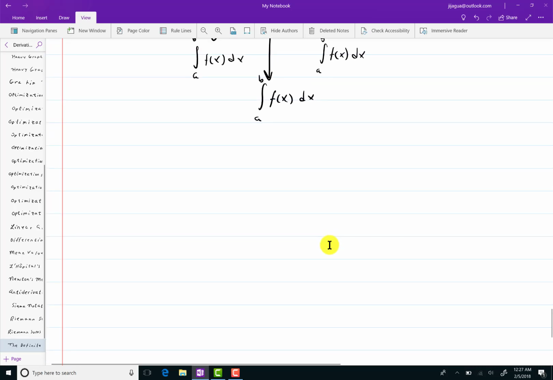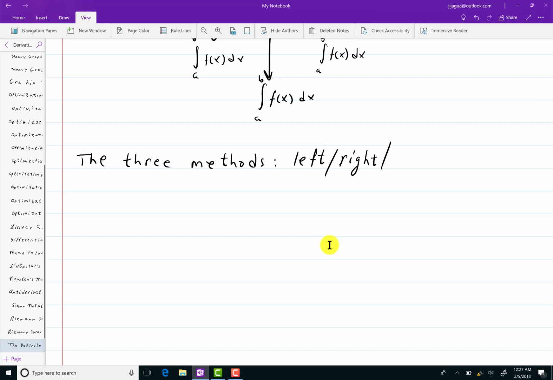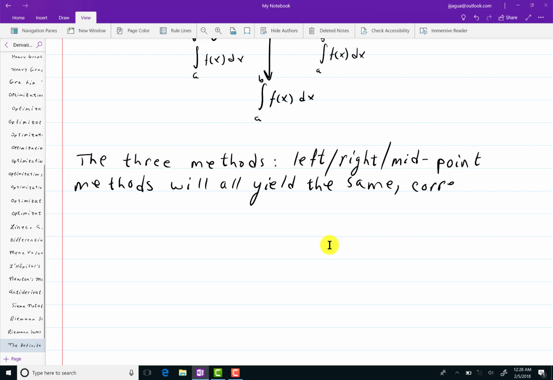And so the three methods we had, left, right, and midpoint methods, will all yield the same correct answer, because any one of those will fit between A_n lower bar and A_n upper bar.